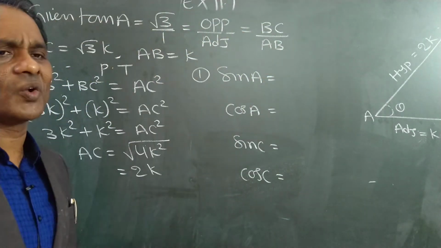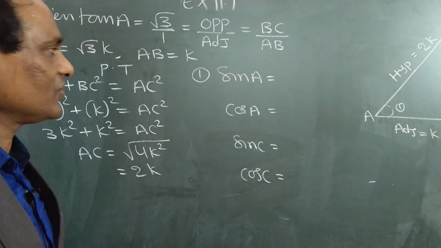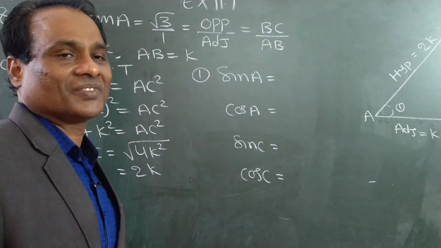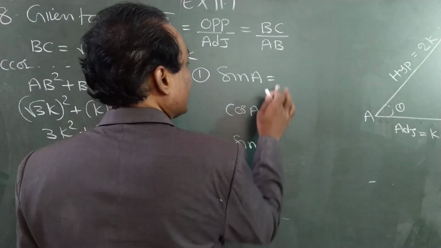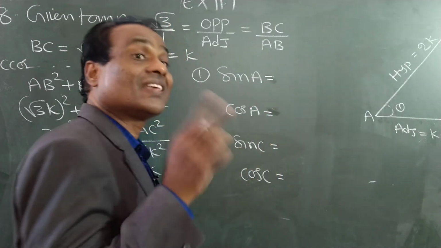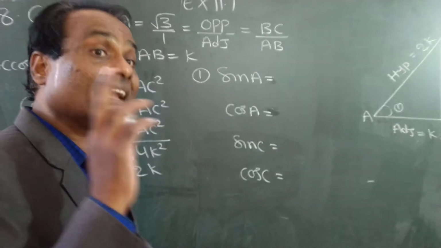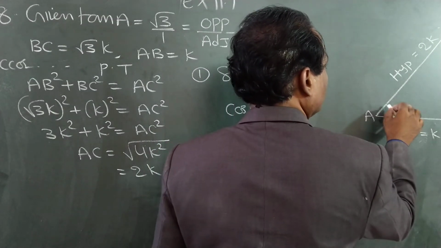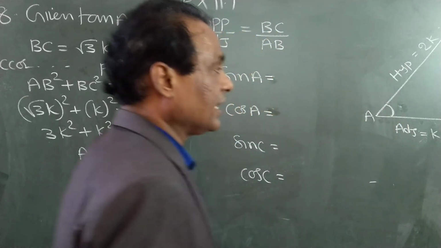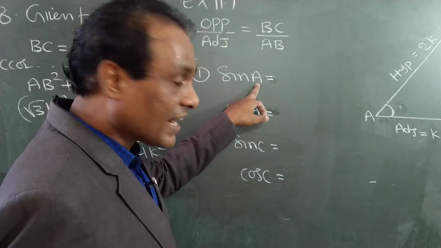All sides are known. Now we can find any trigonometric ratio. What is sine theta? Sine definition is opposite by hypotenuse. See this figure. Which angle are we taking?